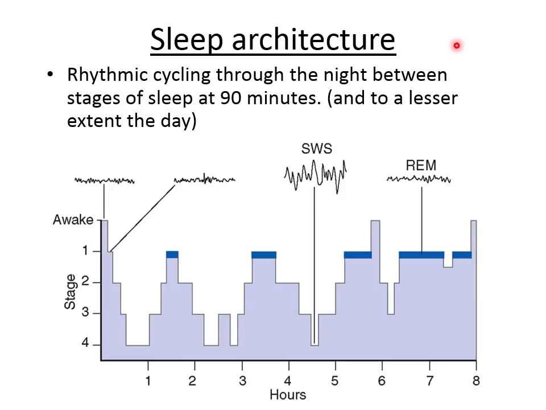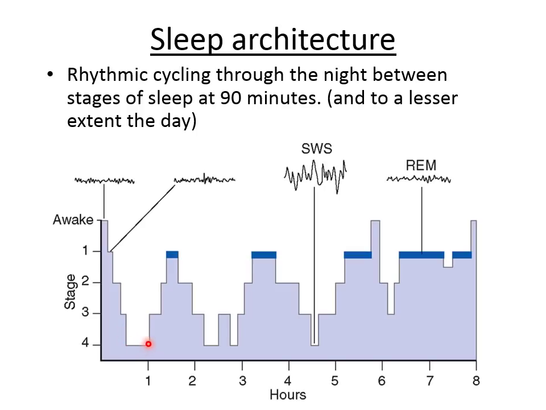There are variations in the sleep pattern throughout the night. If we look at 8 hours of sleep, a person might start out awake with an awake EEG, and then over the next few minutes we'll gradually see a progression into deeper and deeper sleep.